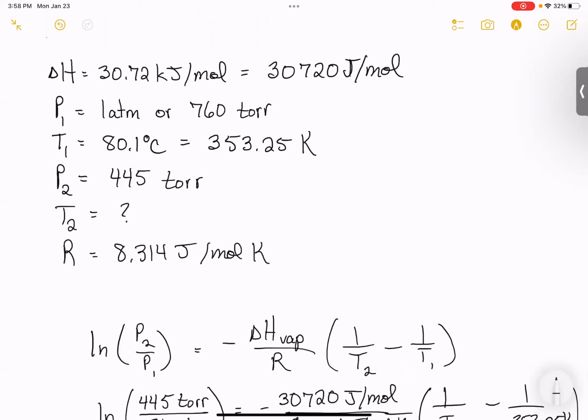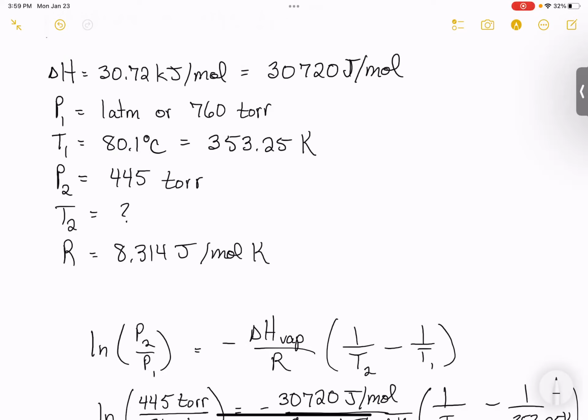I got the delta H in there and P1, T1, P2, T2, and it told me that I was going to be using the Clausius-Clapeyron equation from that information. So I identified the equation from the information. Then I realized I needed the R value, so I added the R. But basically, the R dictated what the unit for the enthalpy needed to be. So I changed the enthalpy over to 30,720 joules per mole.